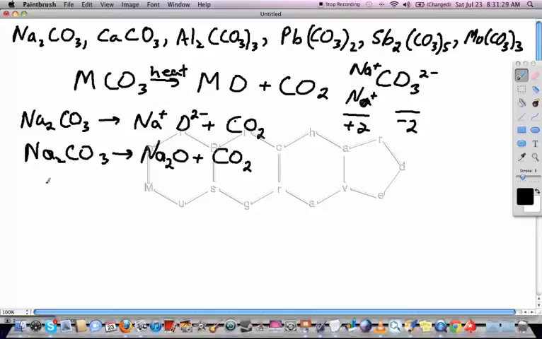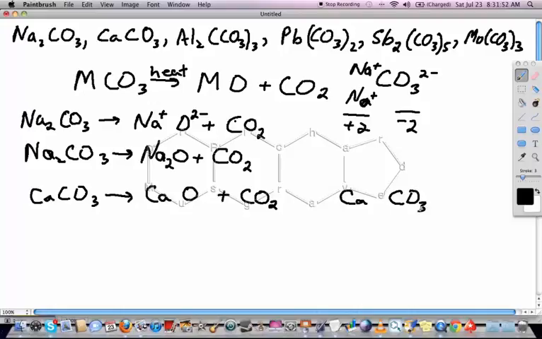Alright, let's take a look at the next one. We've got CaCO3. If we've got CO3 2 negative, that means that the calcium must have a 2 plus charge to match that.